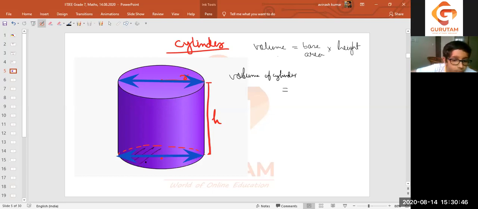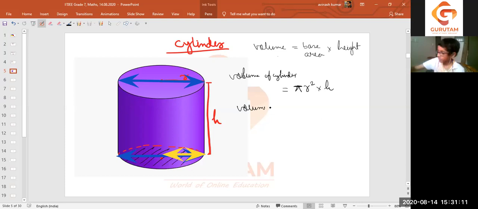This is the base, a circle. The area of a circle is pi r square, times height. So note down: volume of cylinder is pi r square h, equal to base area into height.